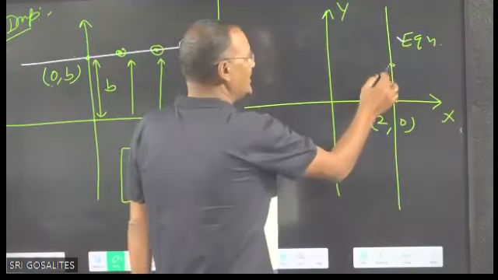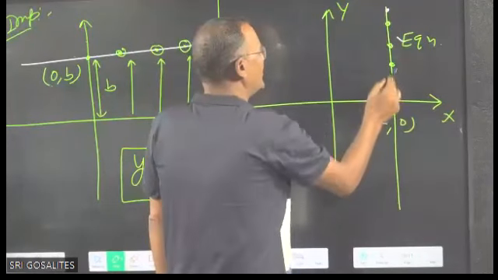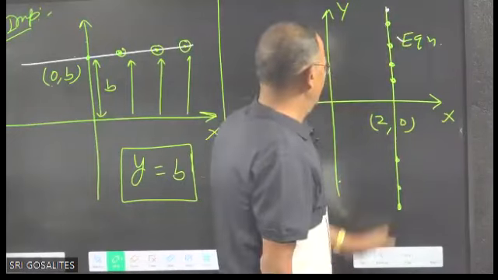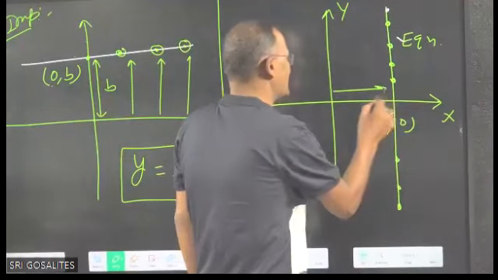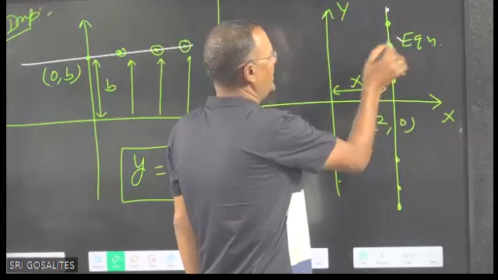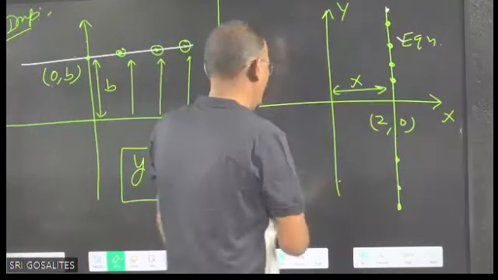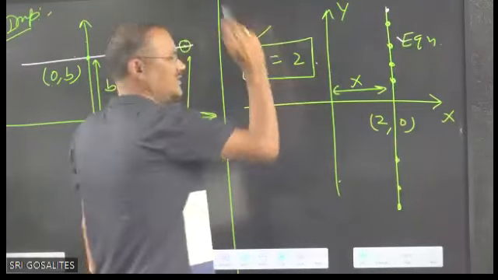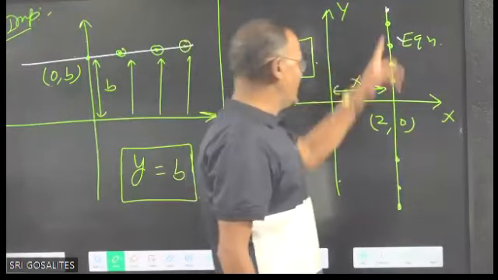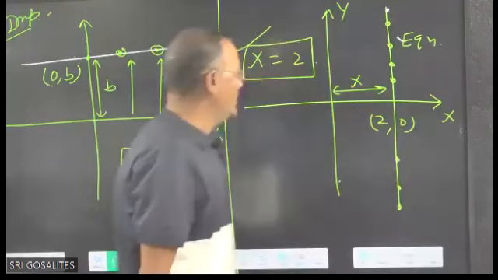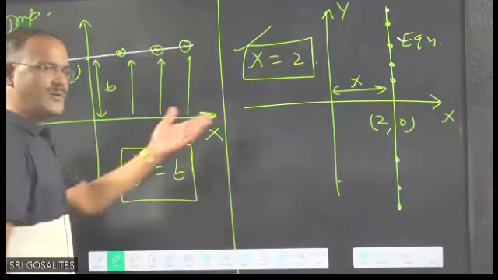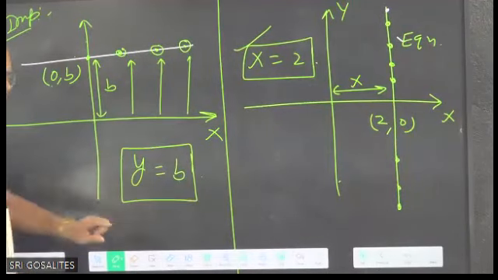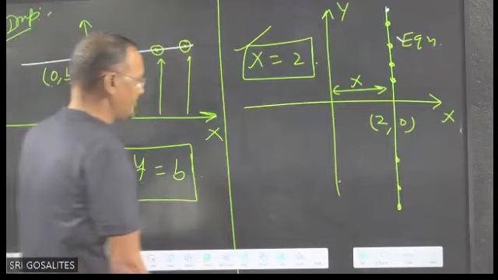So on this line, everywhere you take any point on this line, what is constant? x is constant. Each point is how far from the y-axis? 2. So what is its equation? x equal to 2. Understand? Each point is at x equal to 2. Any problem? y will keep changing. Okay. So shall I clean it now? Right.